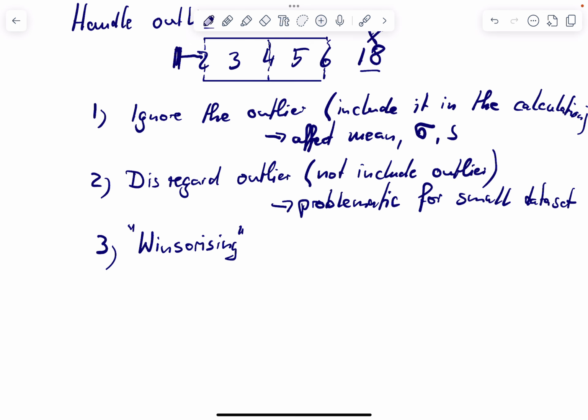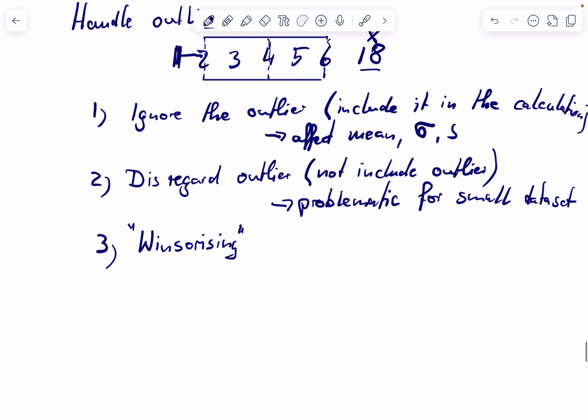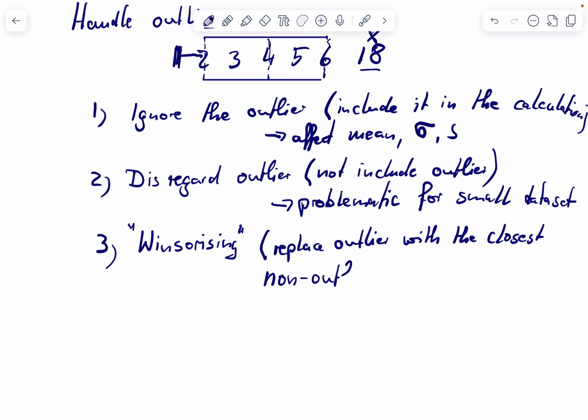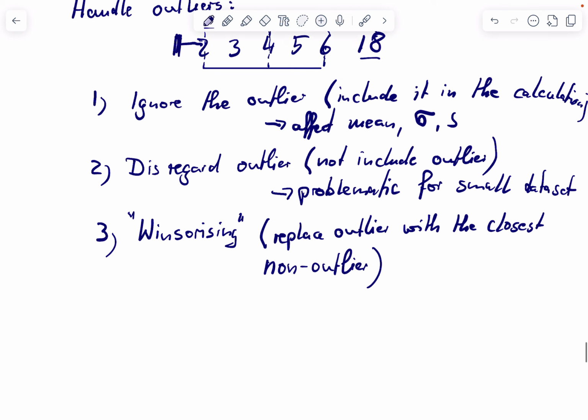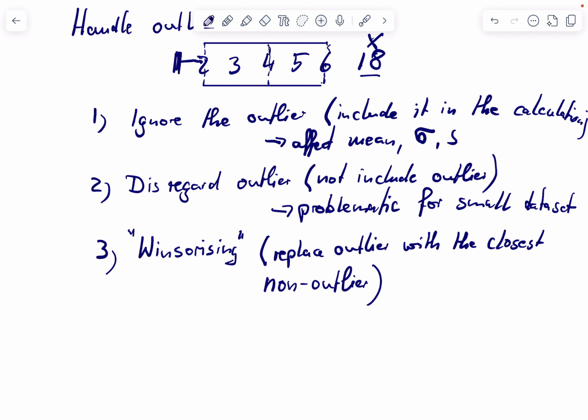In Winsorizing, we replace the outlier with the closest non-outlier. So if we did that, the closest non-outlier in our data set up here would be 6.